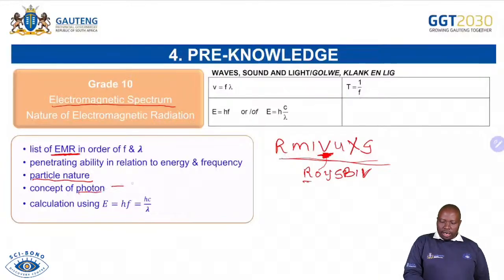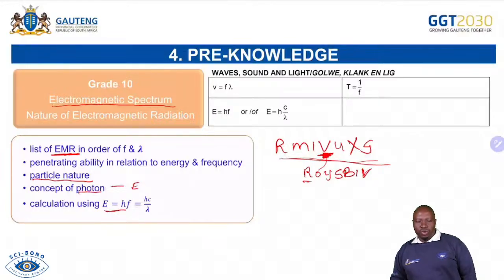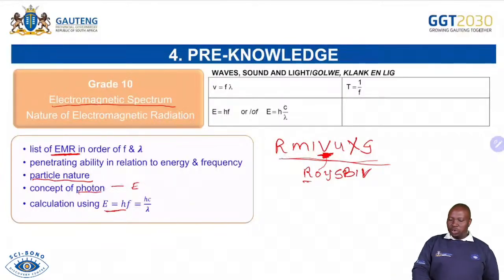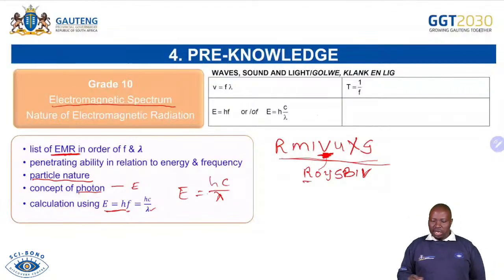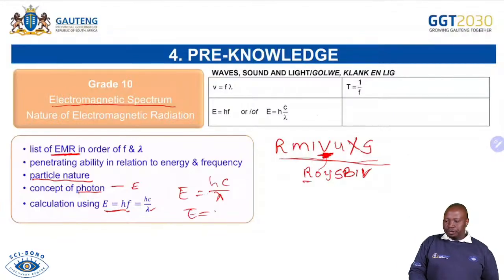So this photon has energy which is given by E equals hf. And then we know that frequency is equal to c over lambda. So always check whether you are given frequency or you are given wavelength. If you are given wavelength, you will use E equals hc over lambda as your formula to calculate the energy of a photon. If you are given frequency, you'll just use E equals hf.